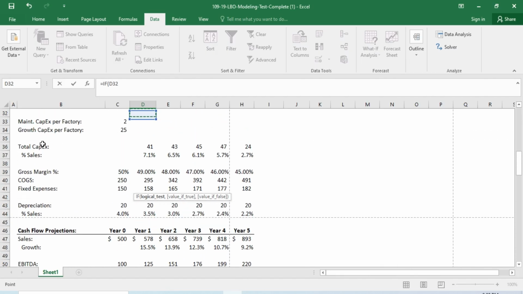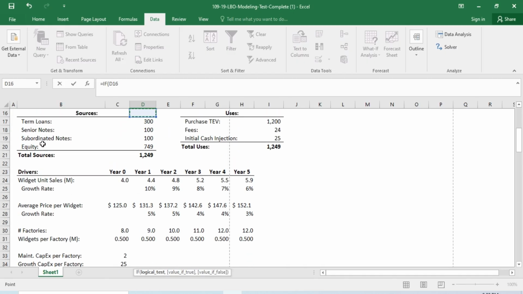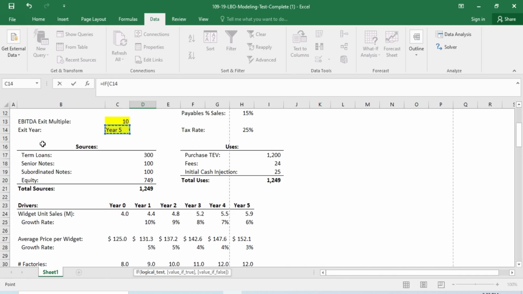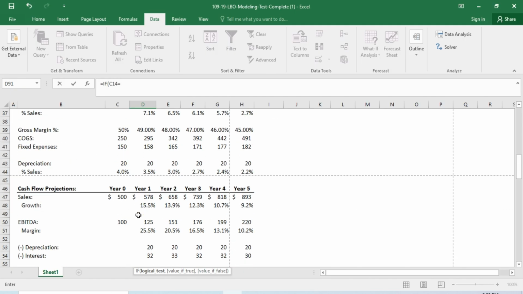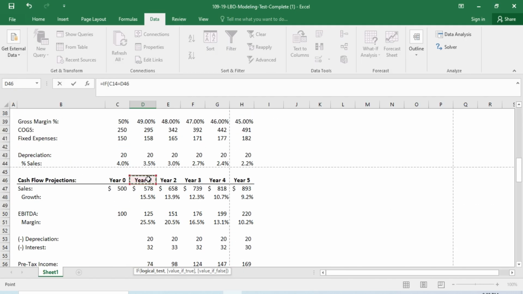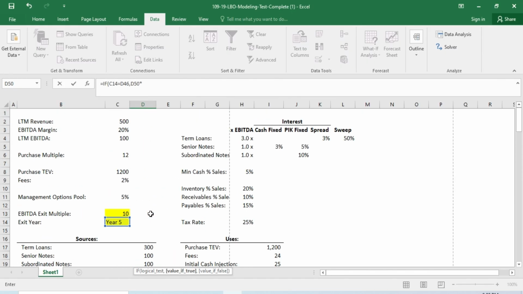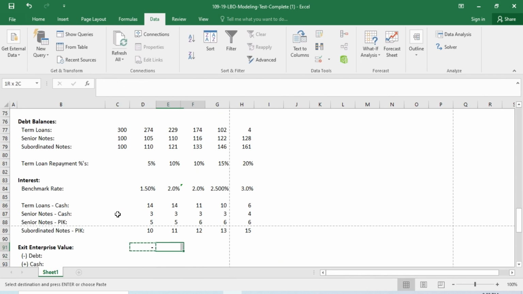So these all will be with negative sign because this is cash outflow. Mandatory payment is also cash outflow, and minimum cash we have to maintain at any point in time.